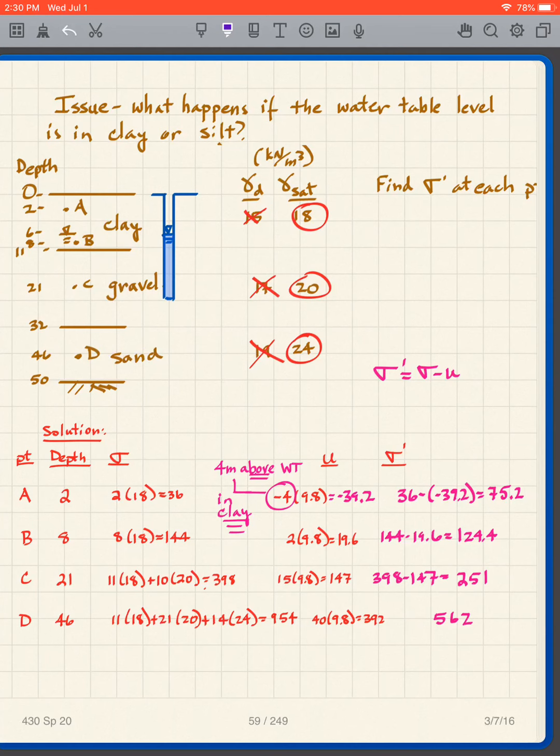So I'm going to cross off my dries because I'm not going to use them. I'm going to circle all my saturateds, and I'm only going to use saturated unit weights. Okay, so let's start with point A. Well, it's 2 meters down, so it's 2 times 18.